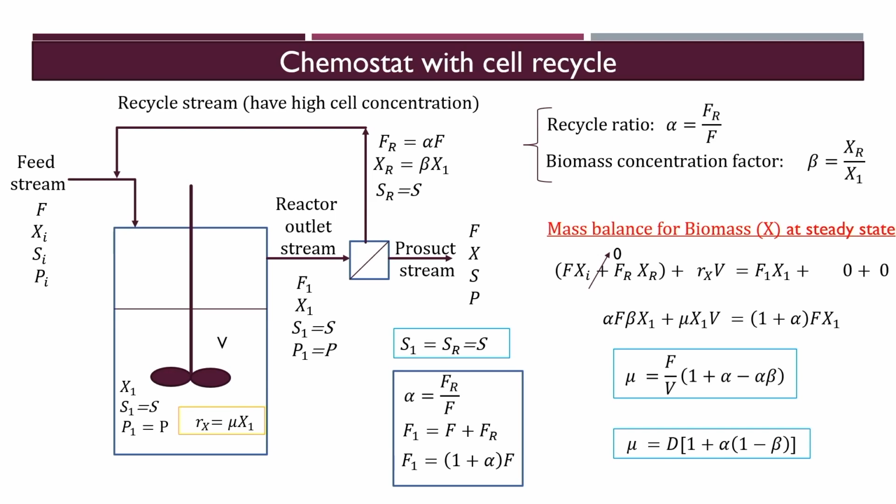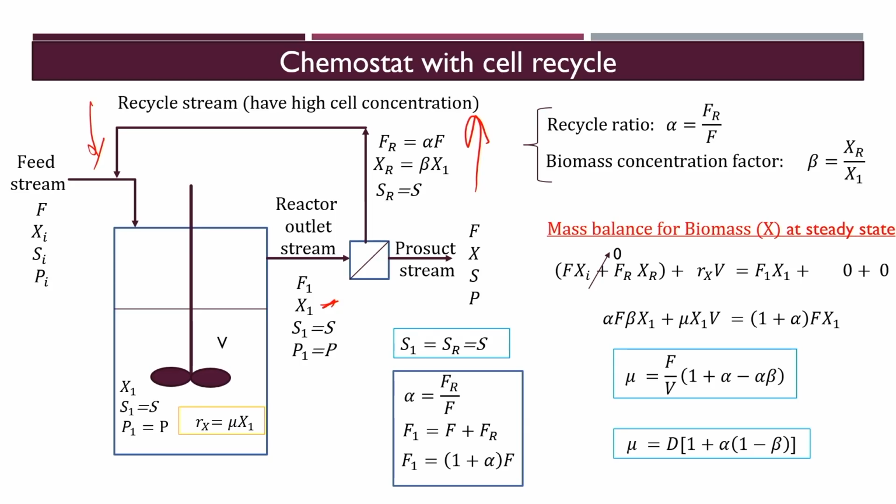So, one option is, as we have seen in continuous culture, some biomass is going out continuously. The strategy here is to recycle that biomass back into the bioreactor. Basically, we are effectively utilizing the biomass.